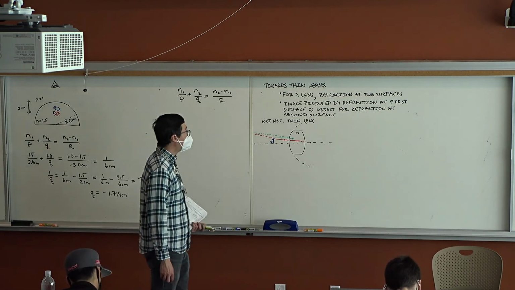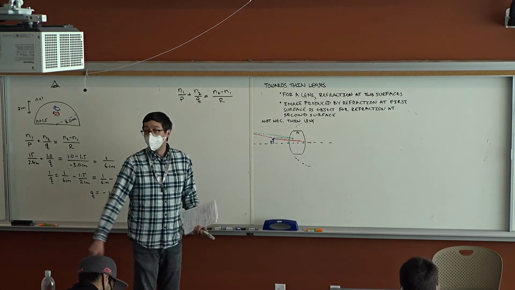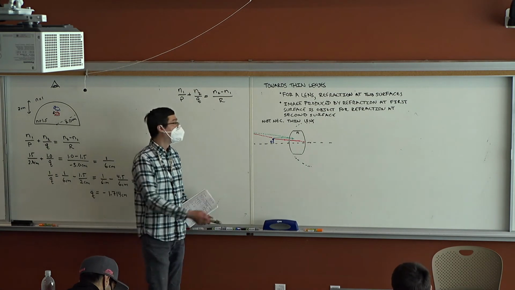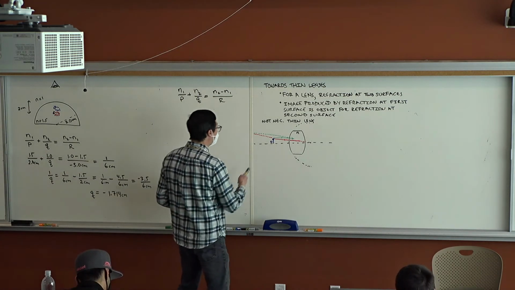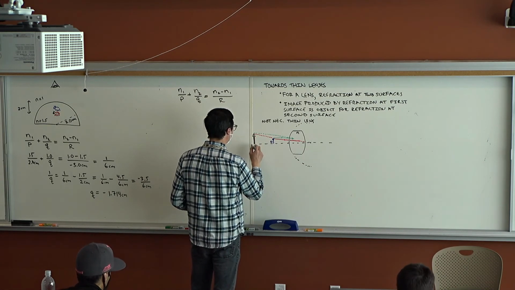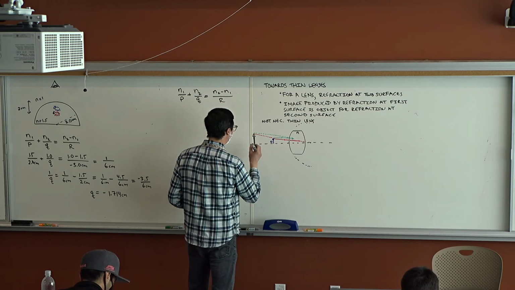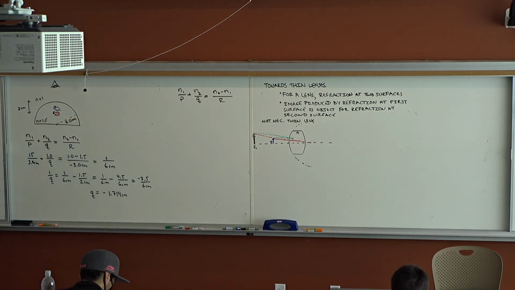And so do you see that the image from the front surface is going to be back here? So this is I1. Does that make sense?